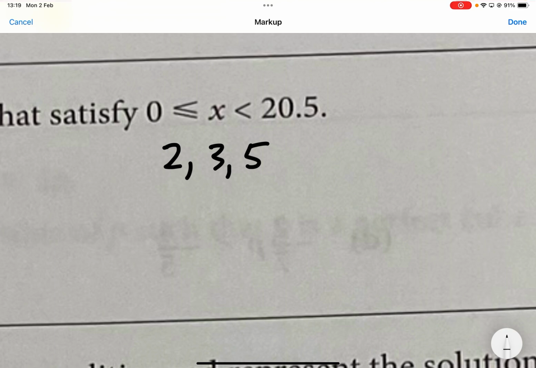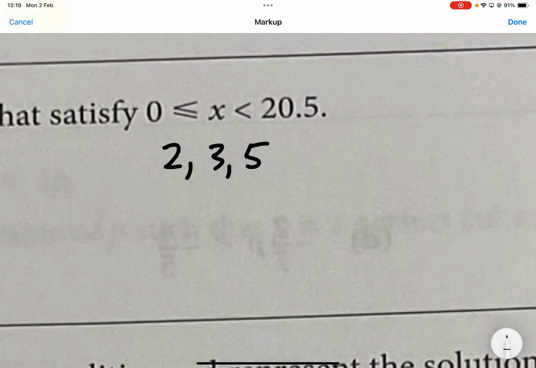So 2 is the only even prime number, because 2 can only be divided by 1 and 2. 3 can only be divided by 1 and 3. If I go to 4, 4 can divide by 1 and 4. 4 can also divide by 2, so 4 is not a prime number. Okay? So all even numbers are not prime numbers from here on.